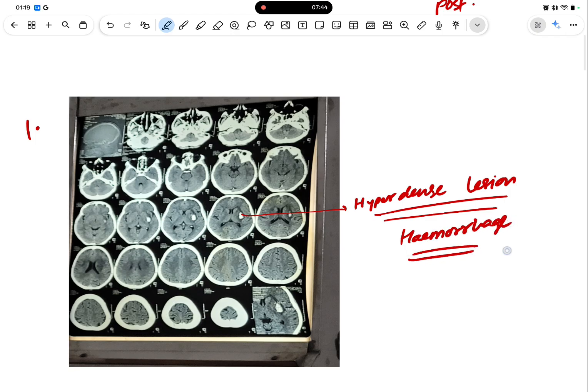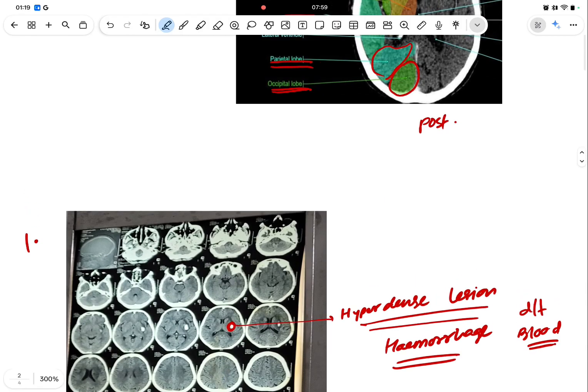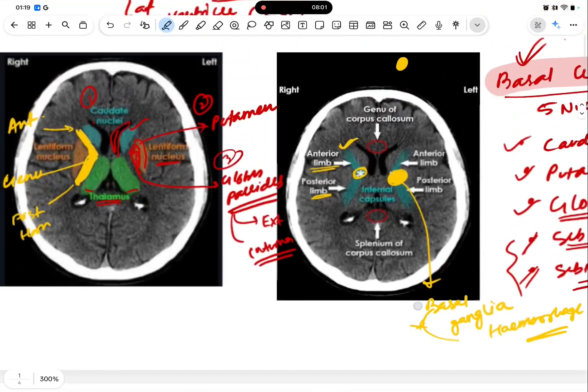Okay, this region is hyperdense. It became hyperdense due to blood and clots. Okay, and another important thing which I forgot to mention is the site determination.